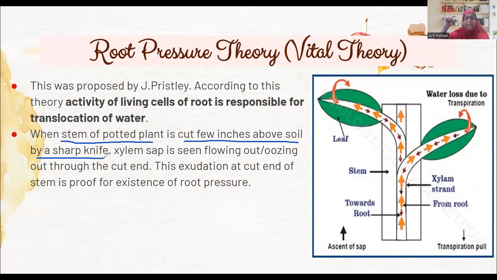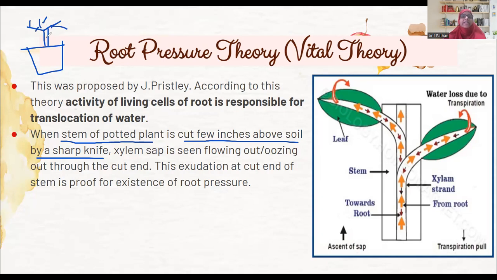You remove the stem from that planted pot and cut the stem above the soil with a sharp knife. Or just say you take a pot. This is the stem. These are the branches.